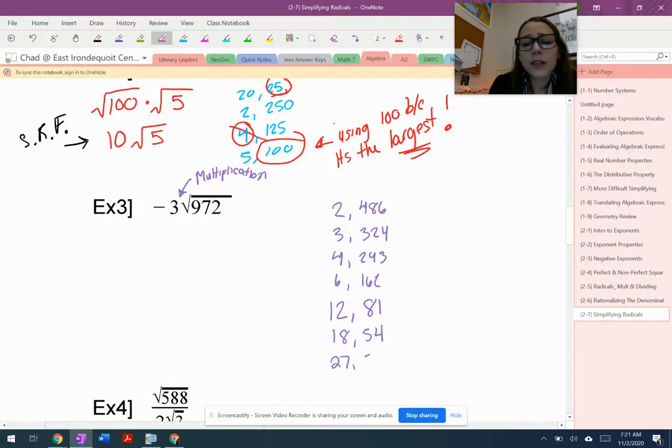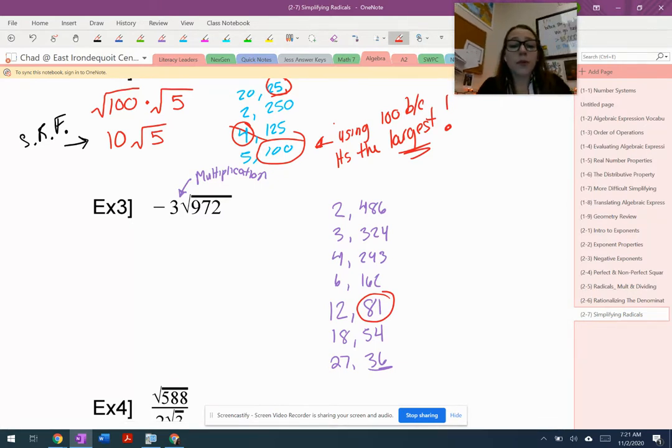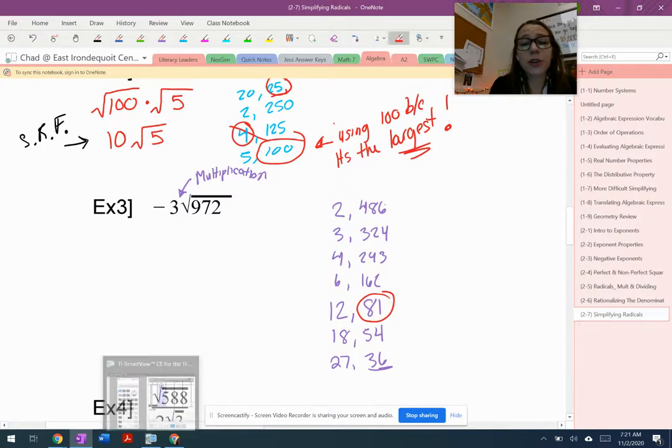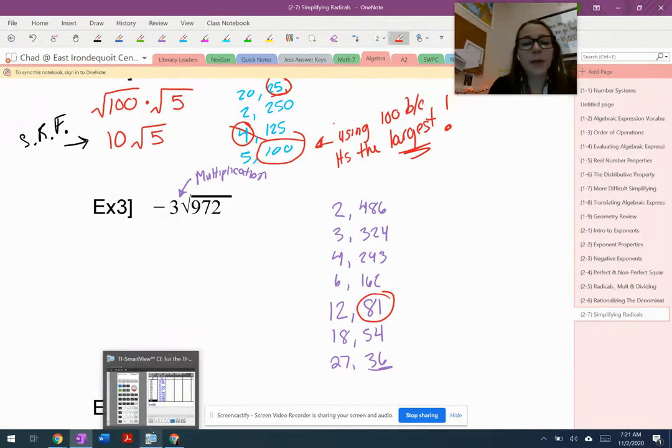I'm going to stop there because even though 36 is a perfect square, 81 is a larger perfect square than that. So I'll choose 81. But really what I should do is go through my calculator and make sure that none of these other numbers are perfect squares. But we'll see what happens when we do that.